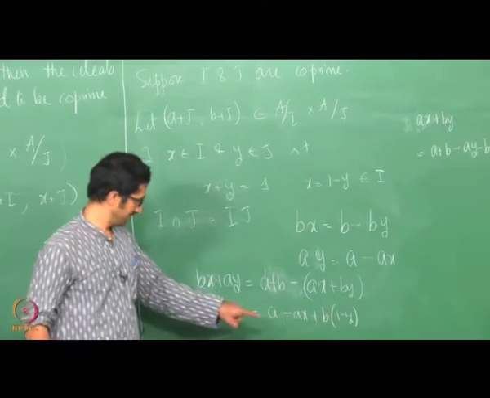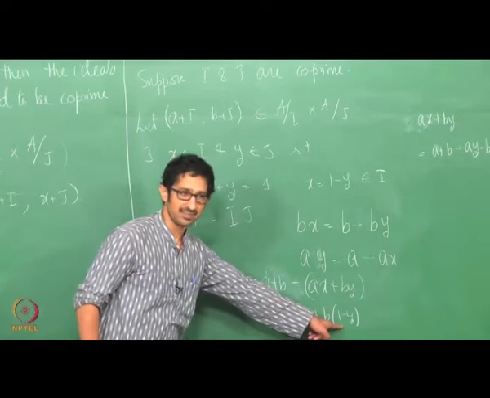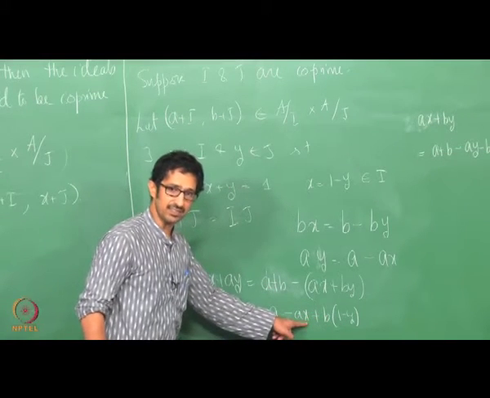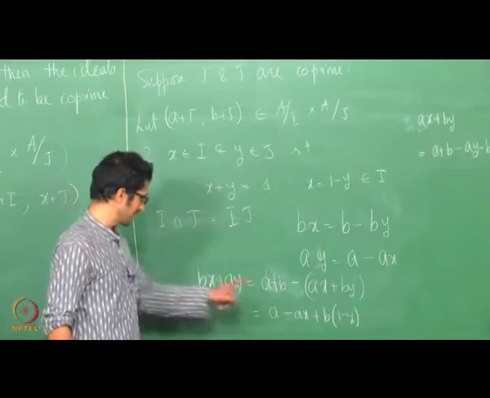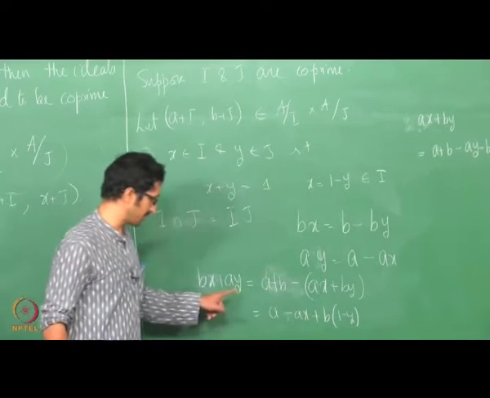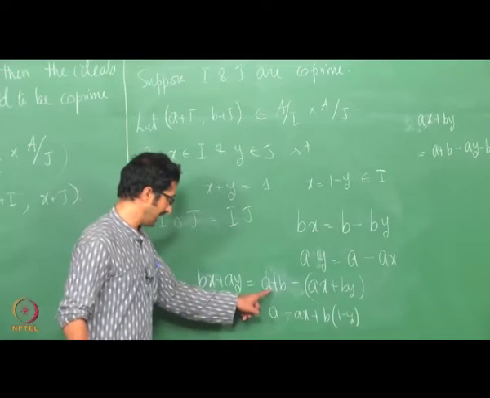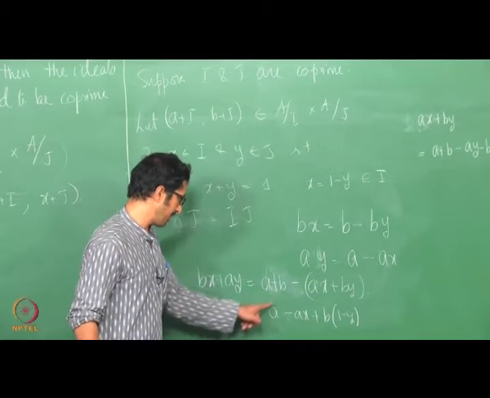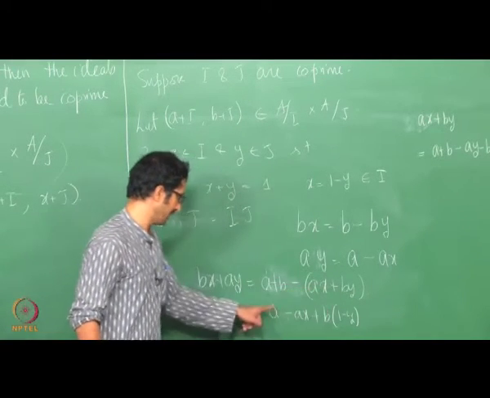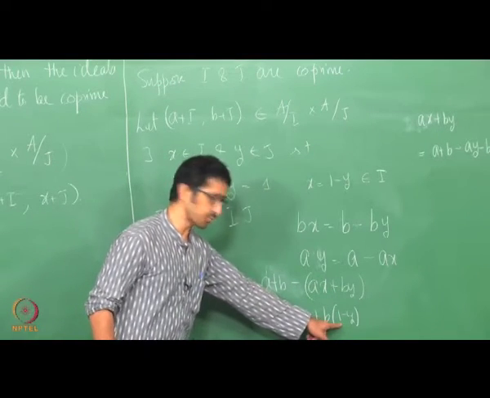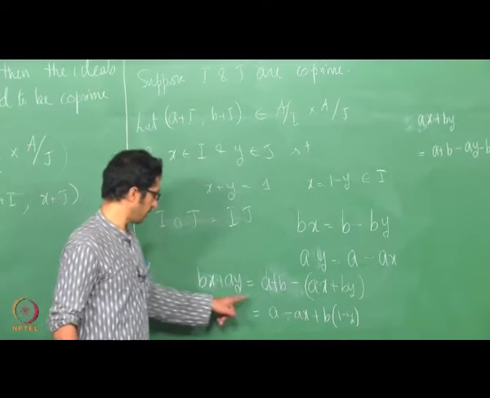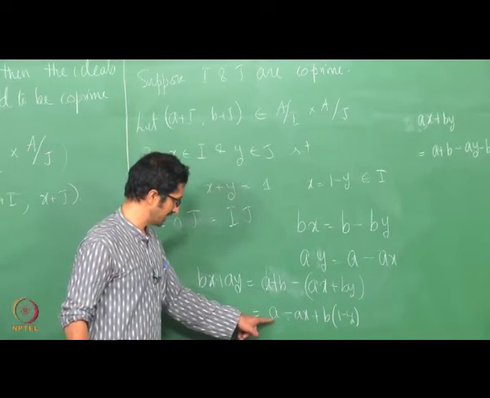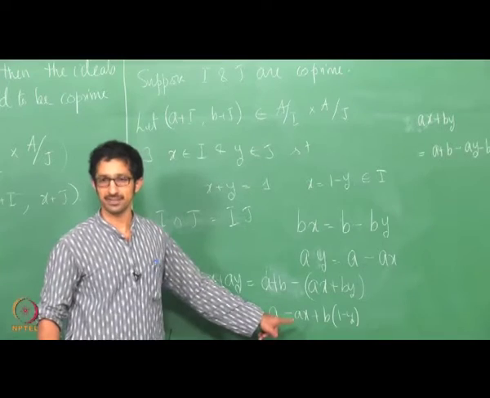Modulo I, this is in I, this is in I. So modulo I it would be a. Similarly, modulo j, I can write this as b minus by plus a times (1 minus x). So modulo j it will be b.